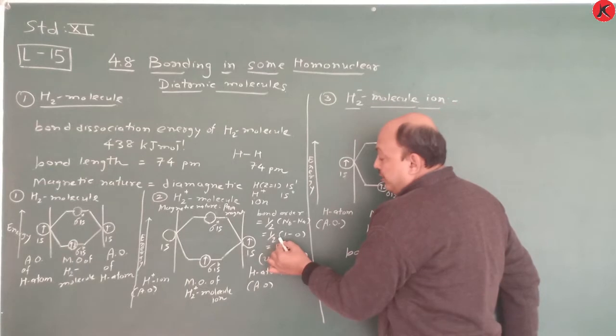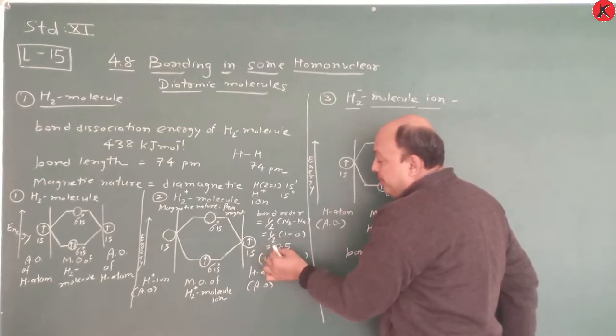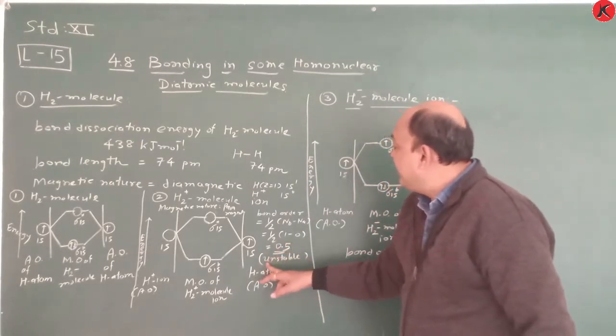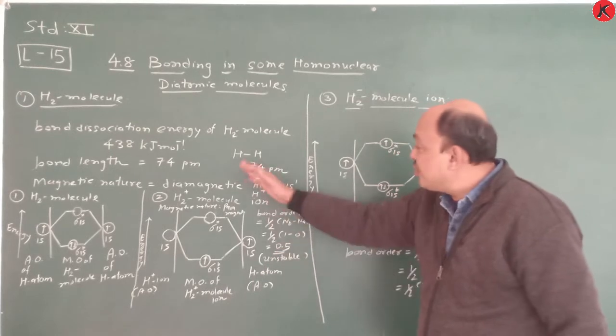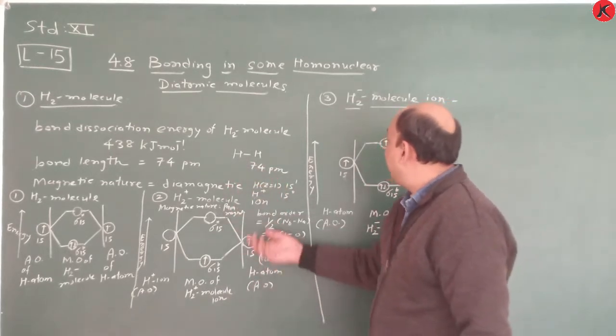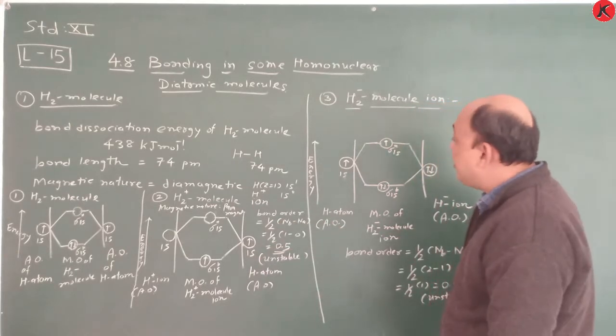So 1 upon 2 into 1 minus 0, which is 1 upon 2, so 0.5. So here it is unstable. This H2 plus molecule ion is unstable. Okay, so just write this information, which is not given in your textbook.